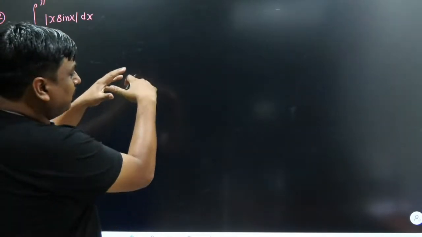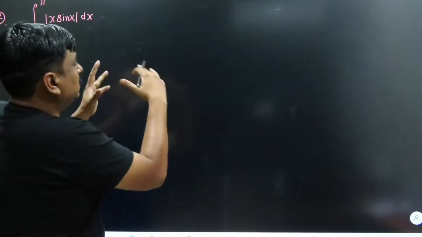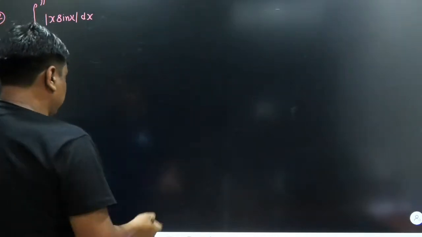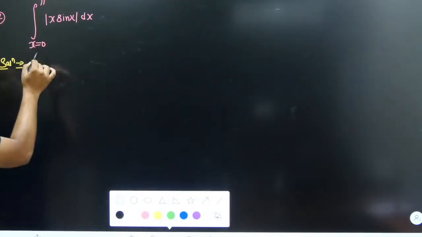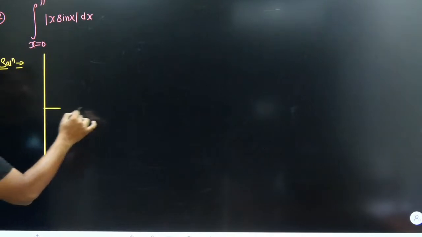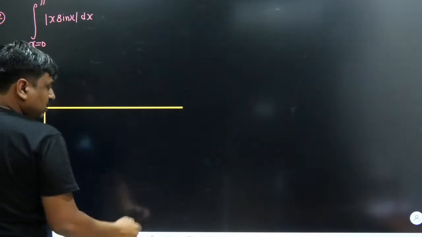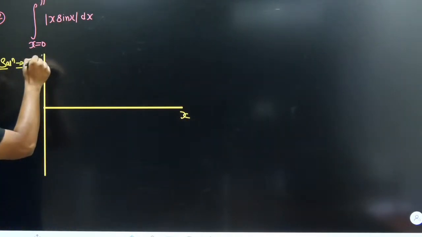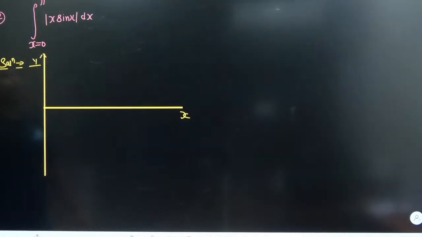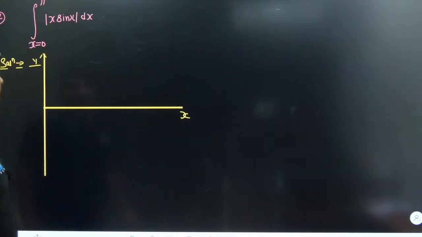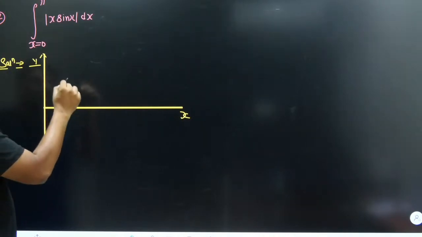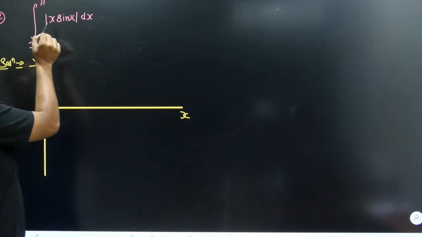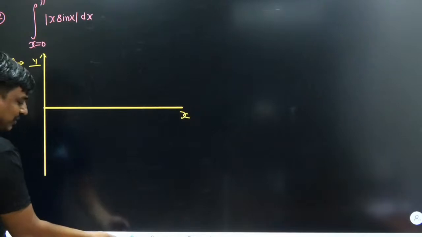Obviously, it would be an upward curved parabola, or it would keep increasing in nature, which we have discussed in the last video. Let me take the reference of the xy plane. Here it is the x-axis, here it is the y-axis. How would x sin x look like? Obviously, it would be an expanding sine of x, taking the reference of the envelope of x, which we have seen earlier.